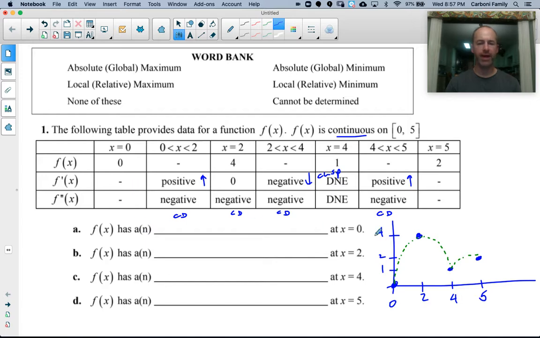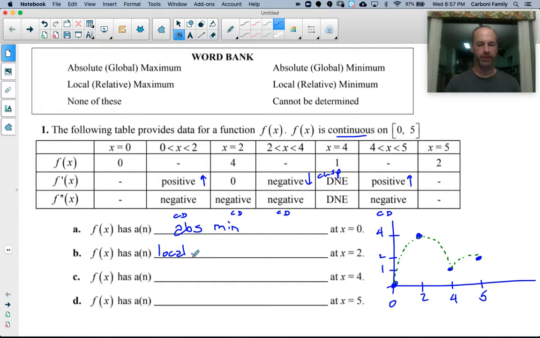So I'm looking at something kind of like that. And so at 0, that will be the absolute minimum. It is not a local because it's an endpoint. At 2, my function increased and then decreased, changing at 2. So that is definitely a local max. Now, is it also an absolute max?